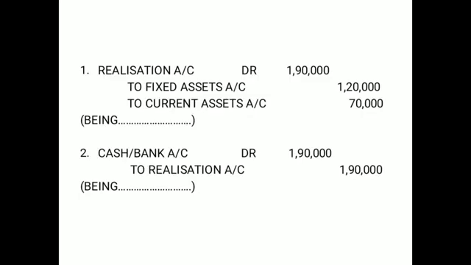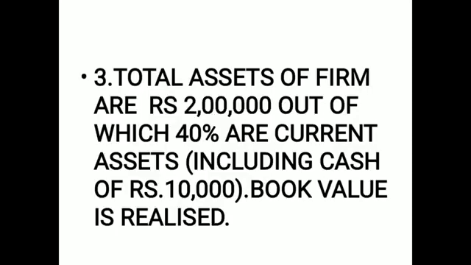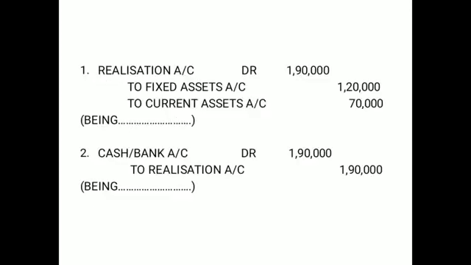Understand the journal entry. Realization account debit 1,90,000 to fixed assets 1,20,000. How do you get to know what is the amount of fixed assets? If out of 2 lakh 40% are current assets, then obviously fixed assets are 1,20,000. 2 lakh 40% is 80,000. So 2 lakh minus 80,000 gives you 1,20,000 rupees. So remaining is the amount of fixed assets.